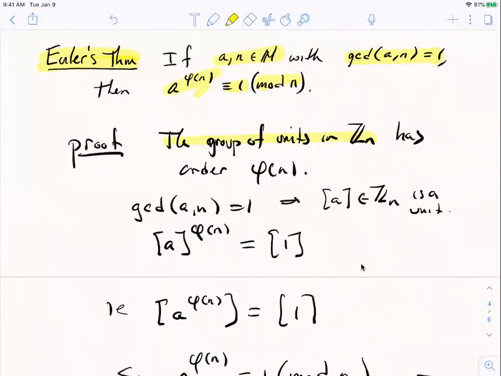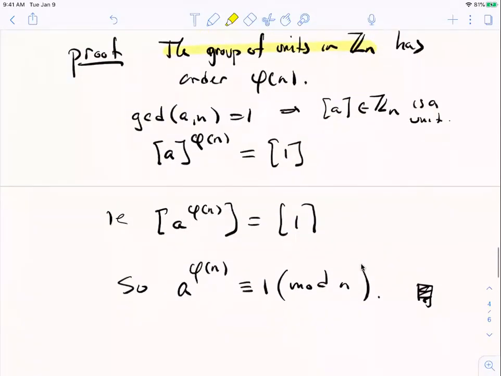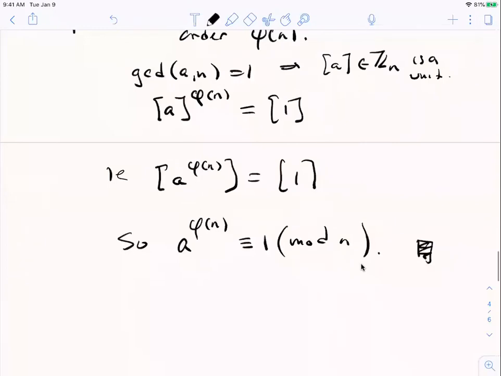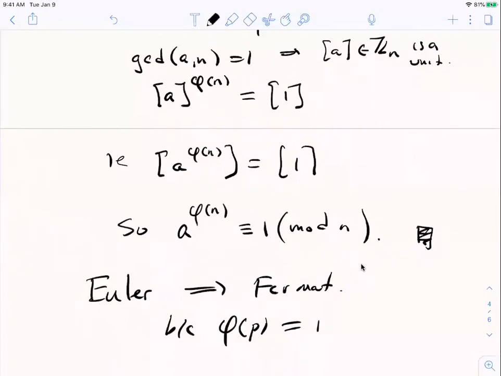So it has order phi of n. Fermat's theorem is actually just a corollary of it, because phi of p is p minus 1. I'll end this video just by saying that Euler's theorem implies Fermat's theorem, because phi of a prime p is p minus 1. So Euler's theorem is often called a generalization of Fermat's theorem.